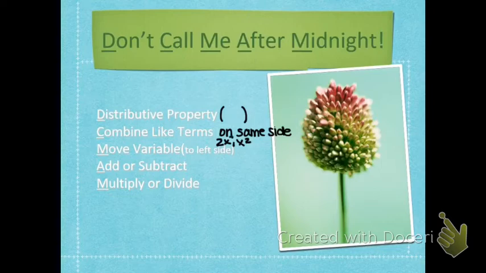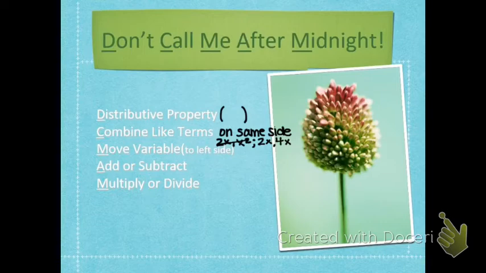What is this understood exponent right there? 1. Very good. So like terms have the same variable raised to the same power. These variables are the same, but they are not raised to the same power, so these are not like terms. But what if I gave you 2x and 4x? Are those like terms? Yes. Those we can combine because both have the same variable raised to the same power.